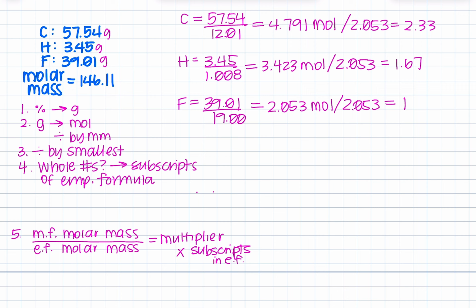Step number 4. If these are whole numbers, well, they're not. 2 of them are not, in fact. So what we have to do here is use our knowledge of fractions to identify what that fraction is.